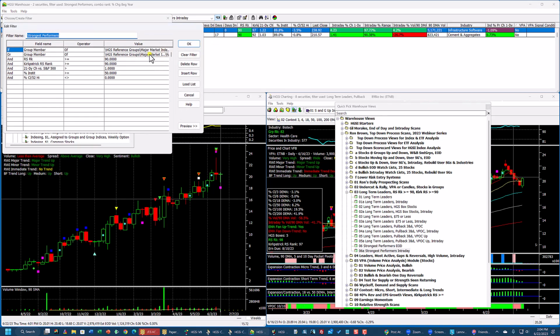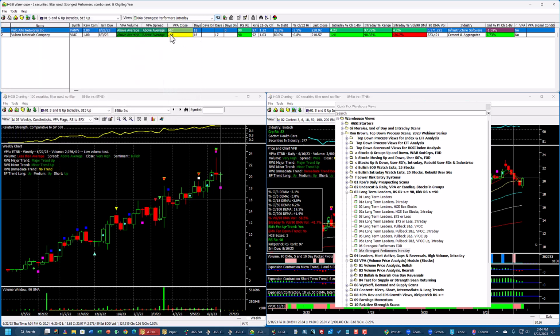I'm limiting it to the S&P 500 and the NASDAQ 100 because I'm really interested in what the institutions are looking at. And these two groups contain most of the stocks the institutions look at. See, greater than 50% institutions was a requirement also.